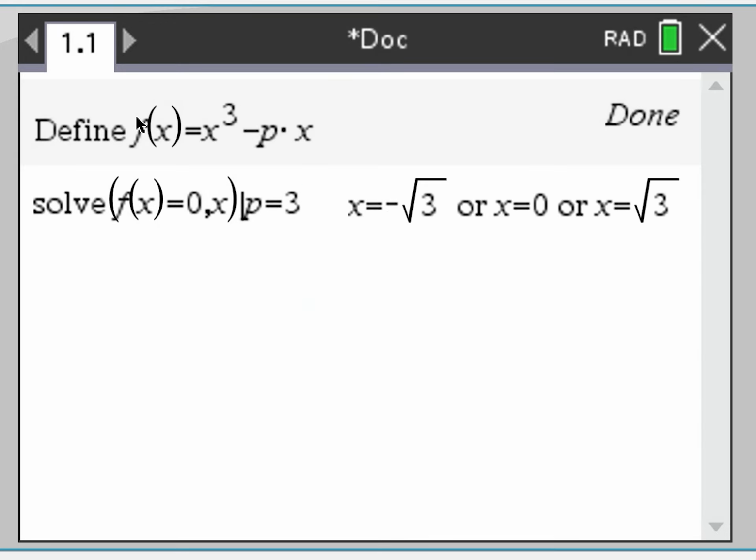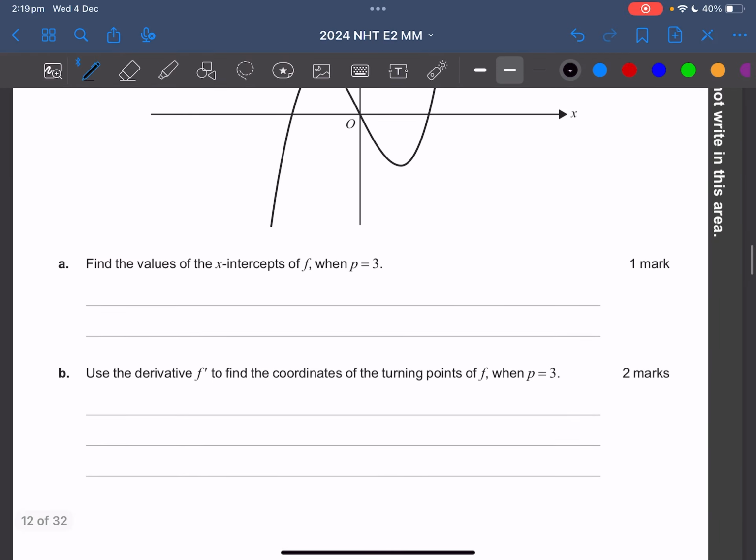Okay, so these are our x-intercepts, so let's write them down. So we have x is equal to minus root 3, x is equal to 0, and x is equal to root 3.